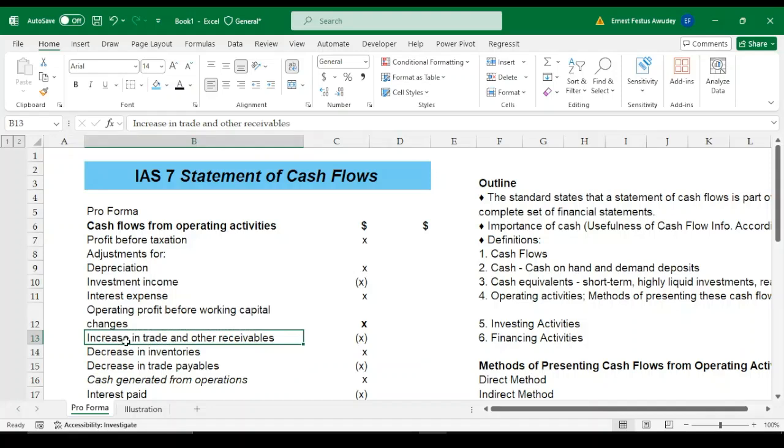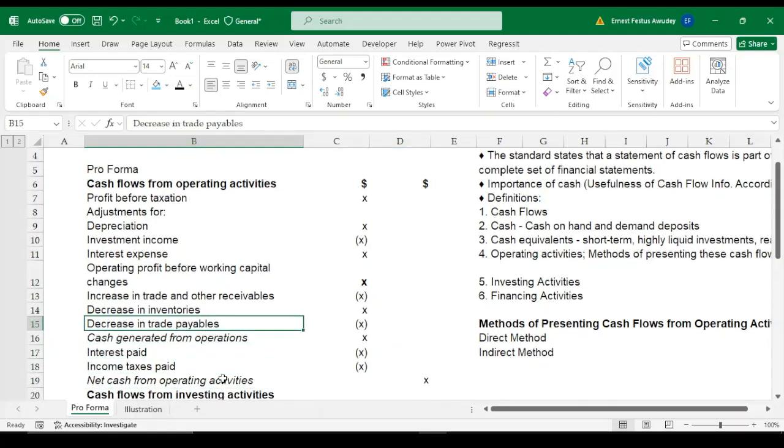Then we will look at our working capital. Working capital, we already know, includes what? Our trade and other receivables, our inventories, and then our trade payables, and other current accruals and all that. That is what we do.